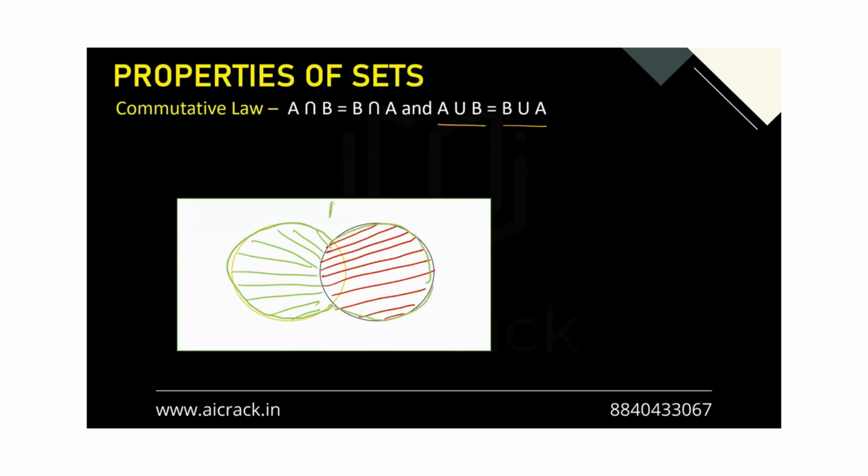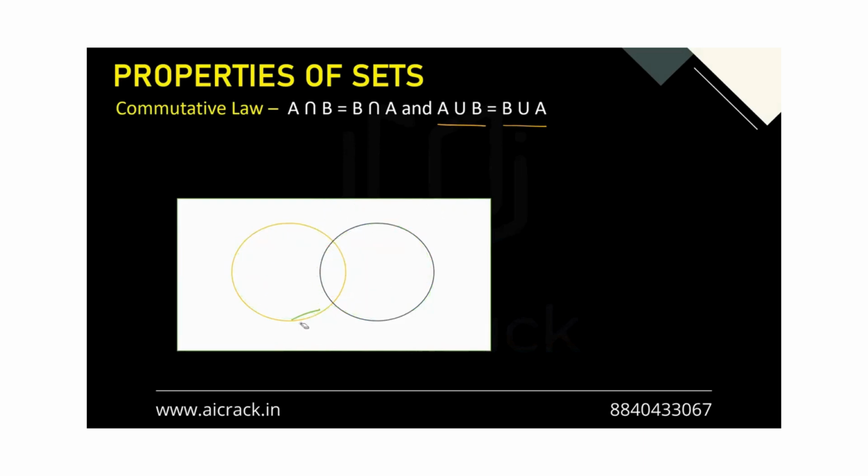This area we got in A union B, and the same area we are getting in B union A. So that means practically they both are the same, right? Regardless of which one we choose earlier, B or A, we are going to get the same area, or basically the same number of elements and the same type of elements. Okay. So you can do the same thing for A intersection B and B intersection A as well, and you'll get the same result. So that is what commutative law is all about.